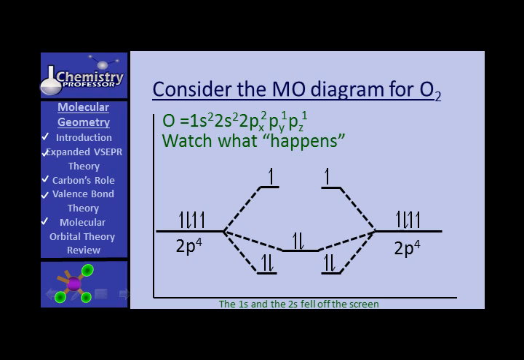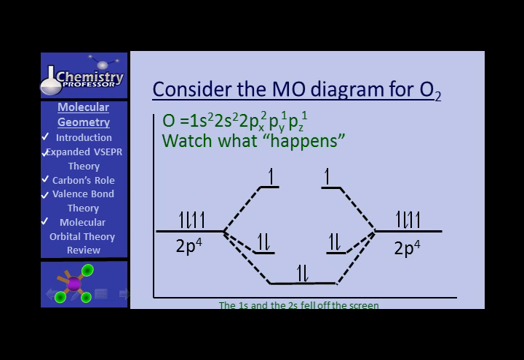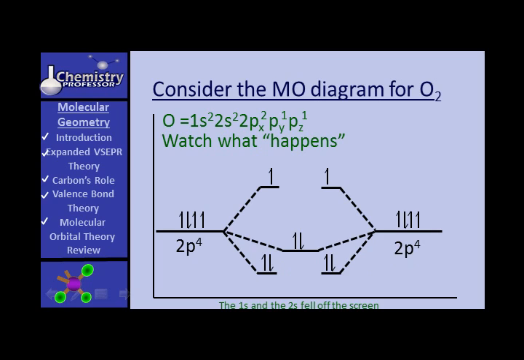Well, you're going to say, well, they're going to go into pi antibonds. And I'm going to put 1 in each of the pi antibonds, and you're going to be absolutely right. But why? Did you see them switch? You see, we were here, and the sigma bonds were higher than the pi bonds, higher in the energy status.